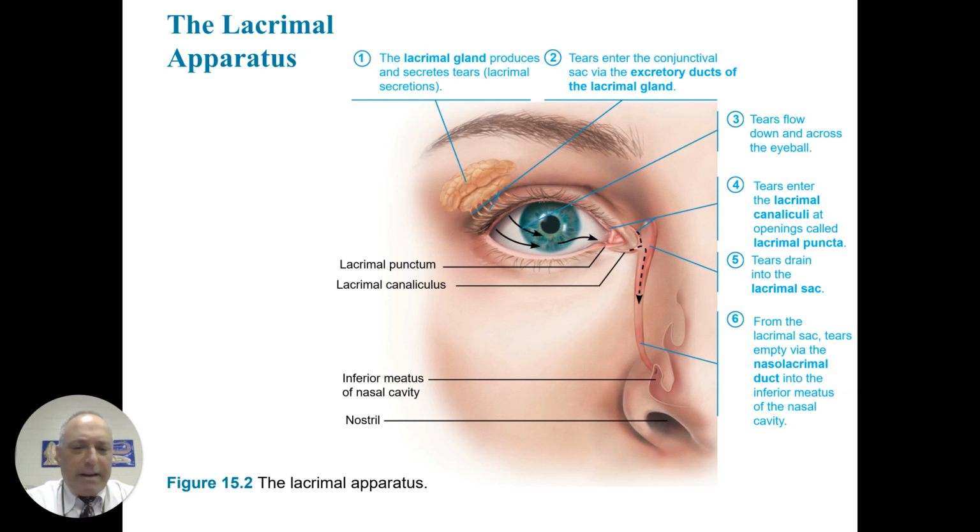And then it drains down this lacrimal sac into the nasolacrimal duct and into the nose. This is why when you're crying, you also have a runny nose, because that's where the drainage goes.